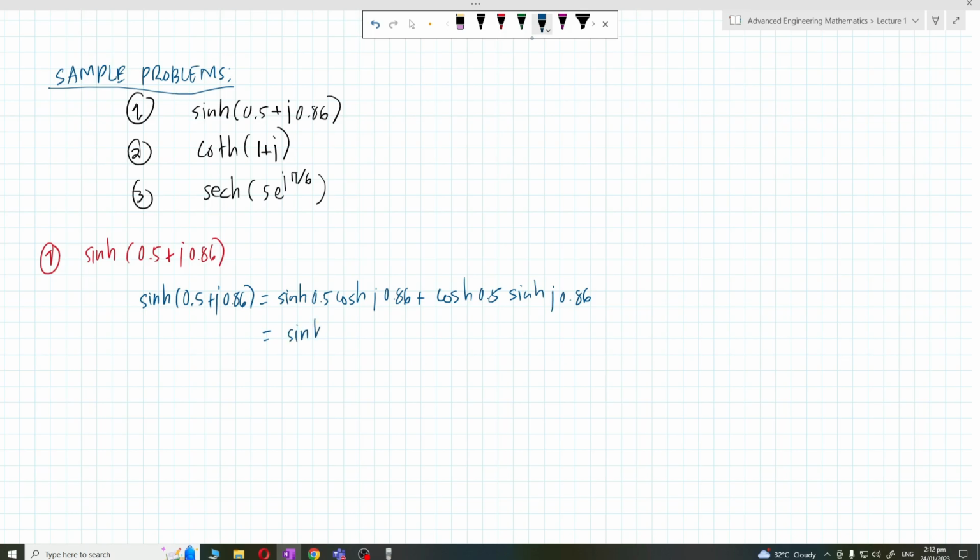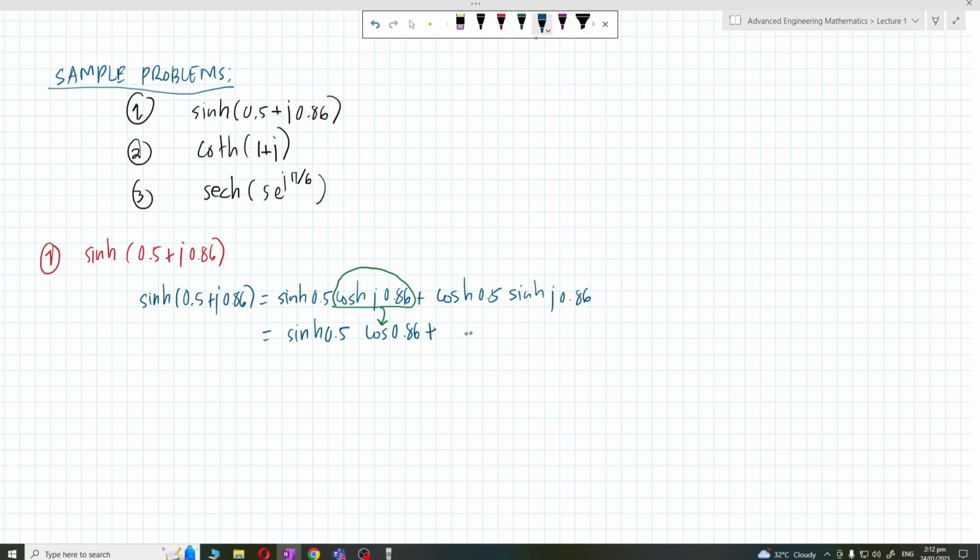Sine hyperbolic of 0.5. Itong cosine hyperbolic of j0.86 is the same as, syempre, cosine of 0.86.